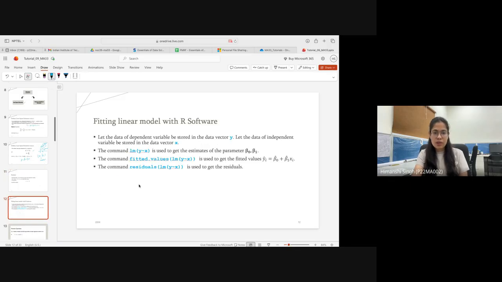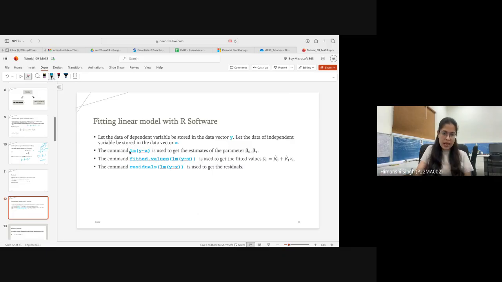Let the data of the dependent variable be stored in a data vector y, and the data of the independent variable be stored in a data vector x.